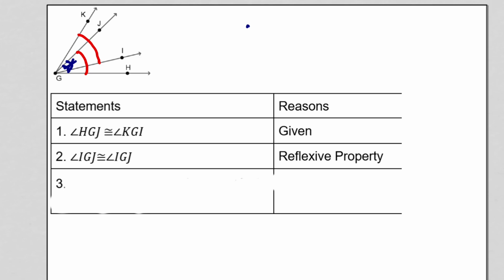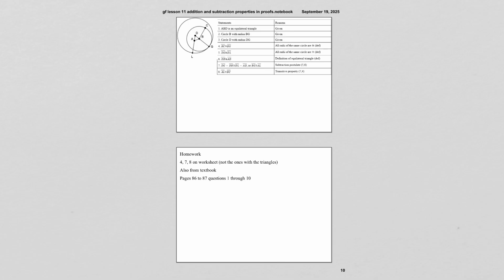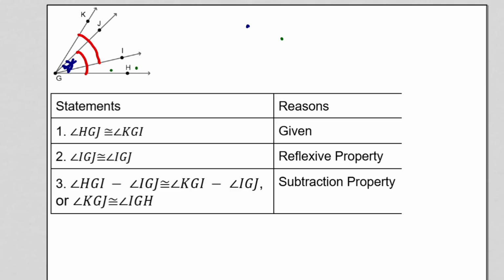Then when you subtract that middle part from each of those medium-sized angles, we get HGI minus IGJ equals KGI minus IGJ, and that's also a way of saying KGJ equals IGH. So subtraction property got used in that one. And we end up proving that this angle here is congruent to that angle there.